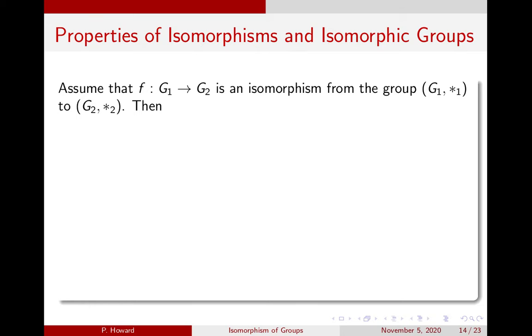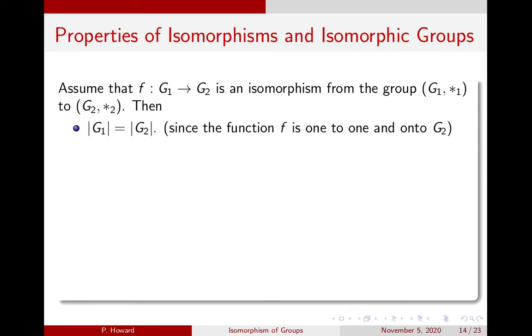Now I want to list a few properties of isomorphisms and isomorphic groups before we go on and look at more examples. First of all, if two groups are isomorphic, then the sets for the two groups have to have the same size, have to have the same number of elements.